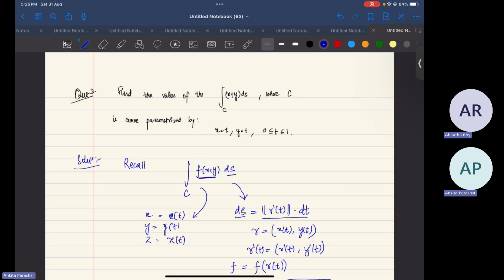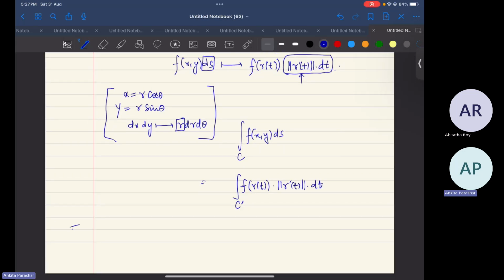The answer, okay, just a minute. The answer I got is root 2. The answer is correct. The answer is root 2.